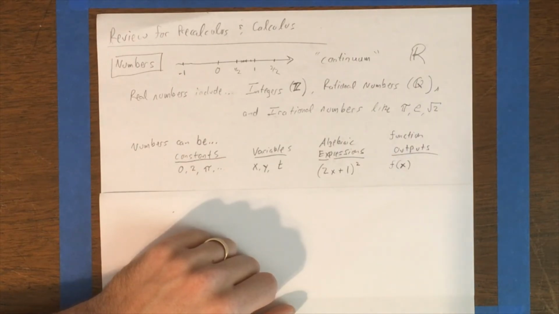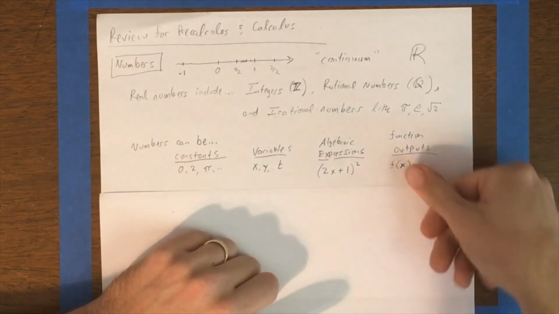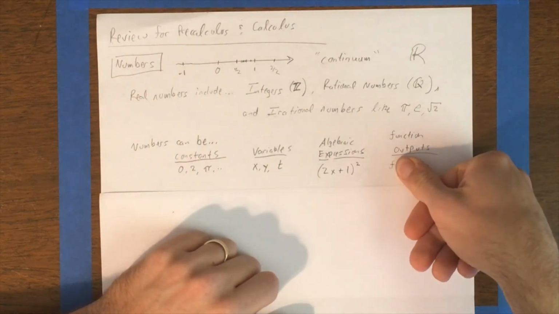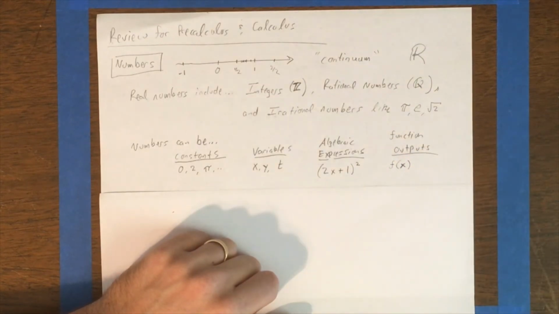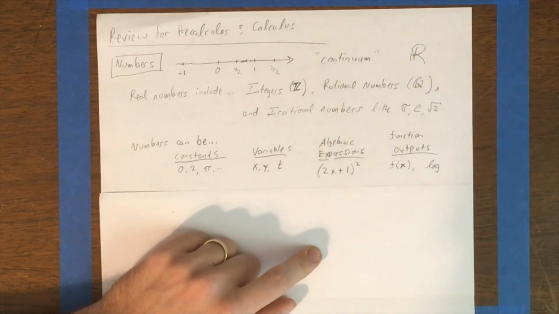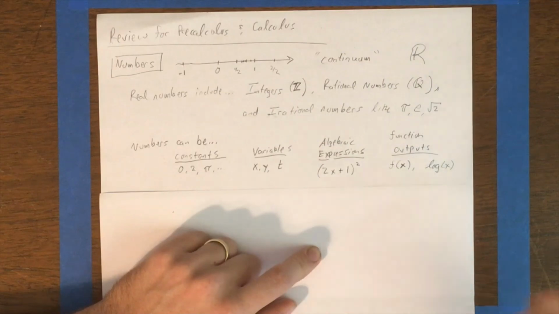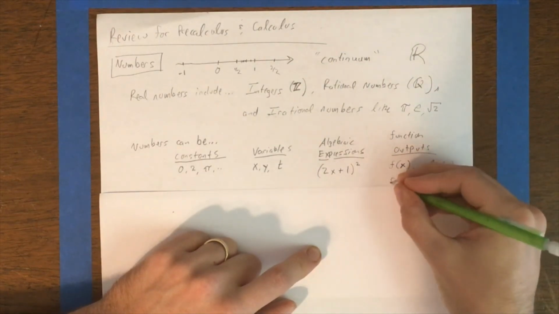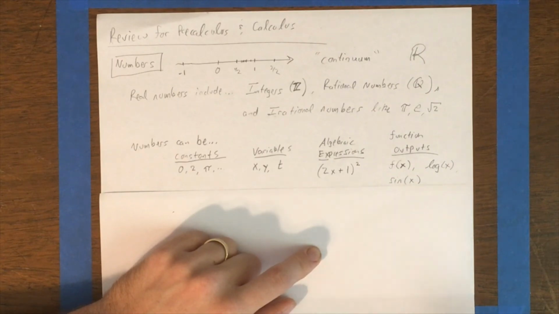So f of x is a number. Notably, f by itself is not a number. I'm not saying the function f is a number; I'm saying f of x is a number. Another example would be logarithms. Log is a function. Log is not a number, but log of x is a number, or log of 2 is a number. Trigonometric functions like sine, cosine, and tangent are functions, so their outputs are numbers.